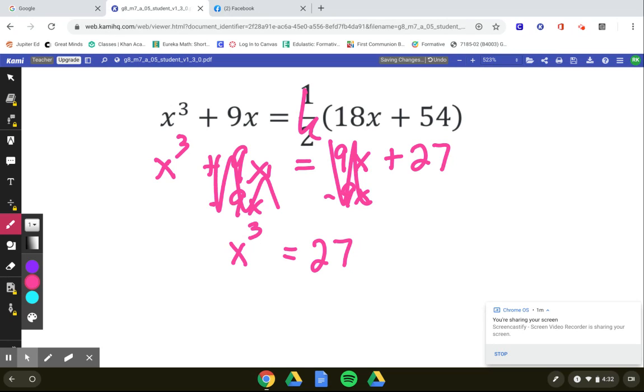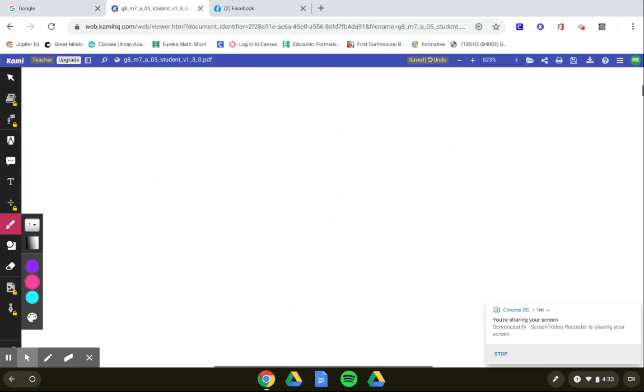And now we're looking for a number that times itself 3 times gives us 27. And our symbol for that is a cube root. The cube root of x to the third is just x. And the cube root of 27 is 3. So we could check that by plugging 3 in for all those x's, and we would find that that is our solution.